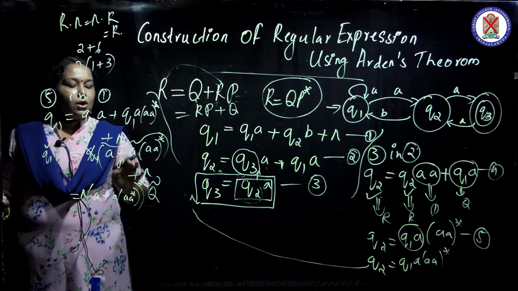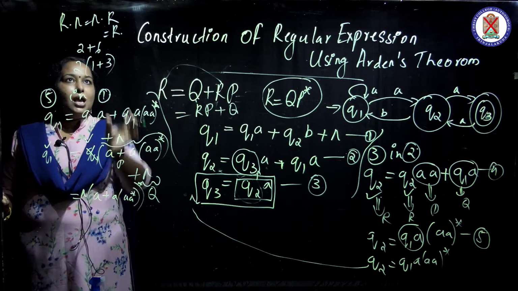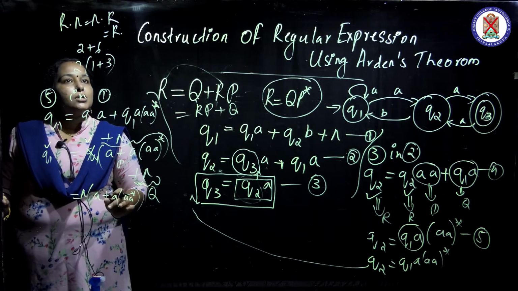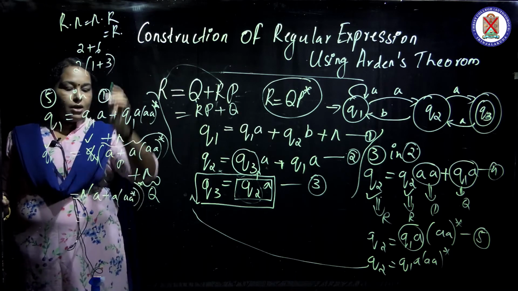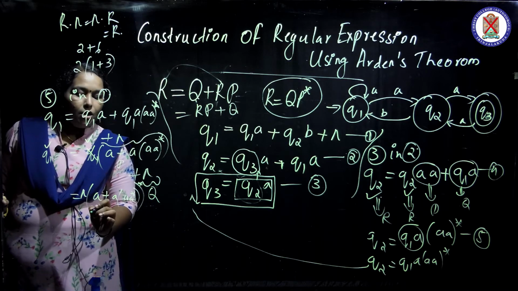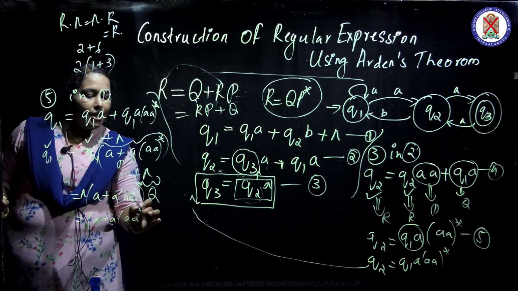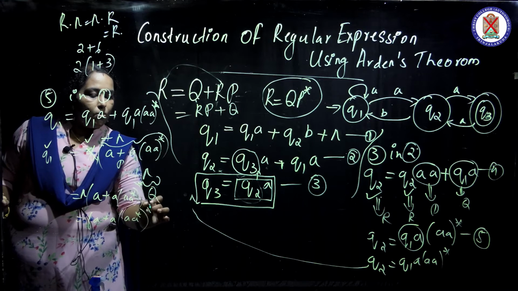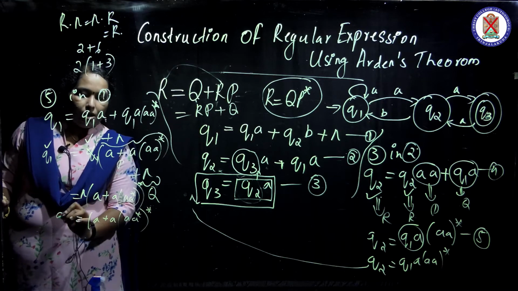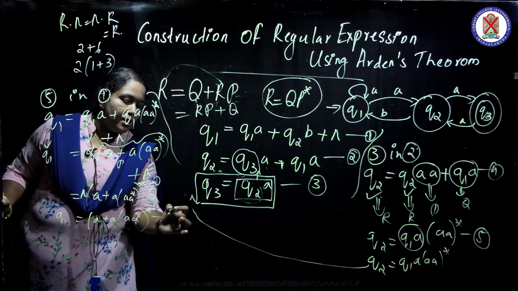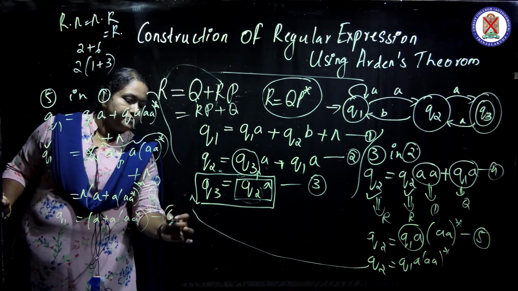A regular expression concatenated with epsilon, and epsilon concatenated with a regular expression, gives R itself. So Q1 is equal to (A plus A into A star) whole star. This is equation number 6.